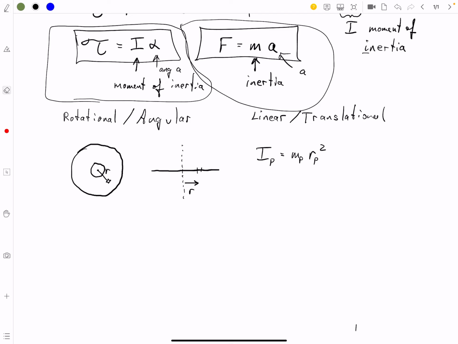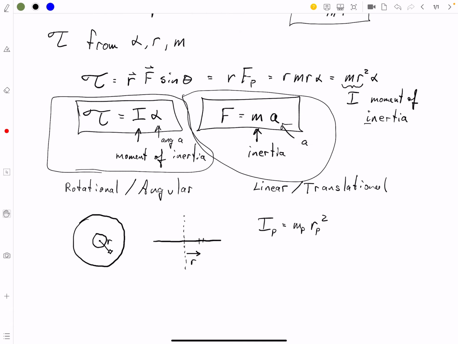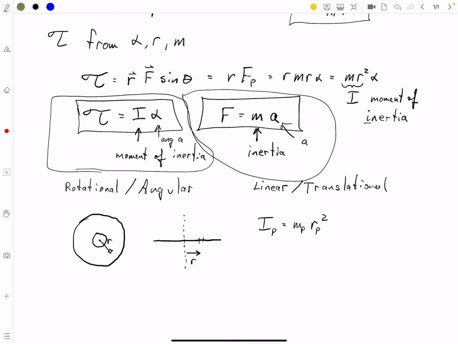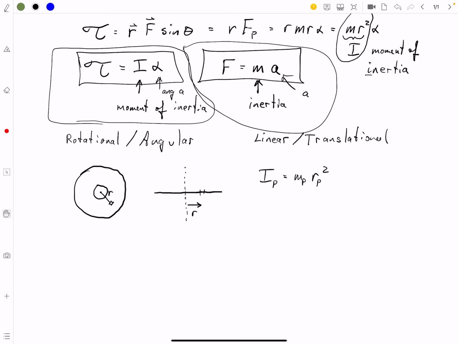Don't forget, you've got to square that, right? So let's make sure we go back up and notice that we have to square it. So it's m of the little piece times r, the distance, squared. Okay, so that's our I for the little piece.